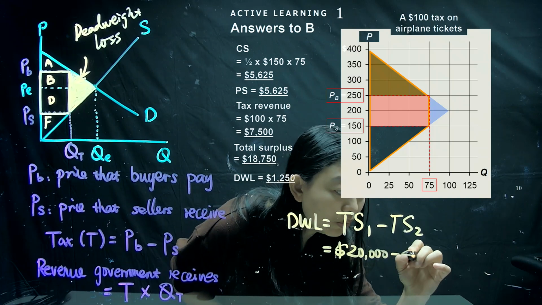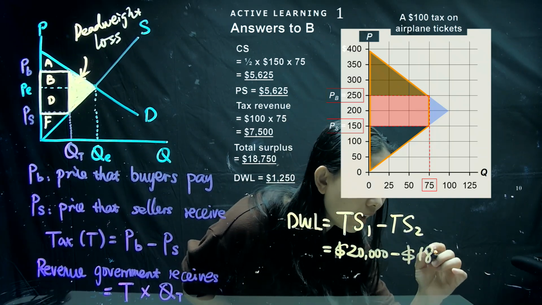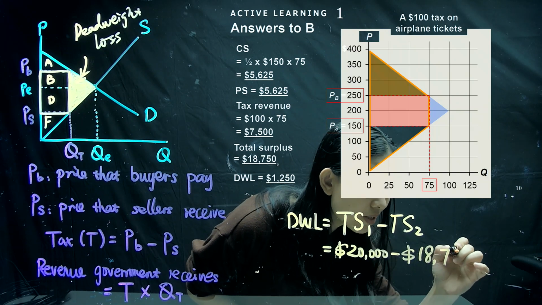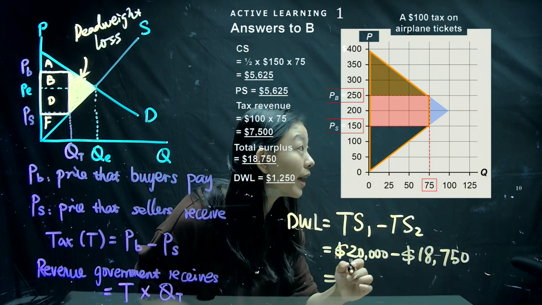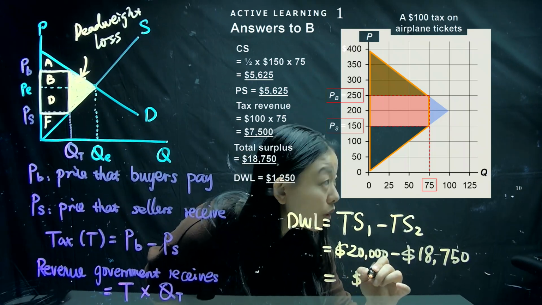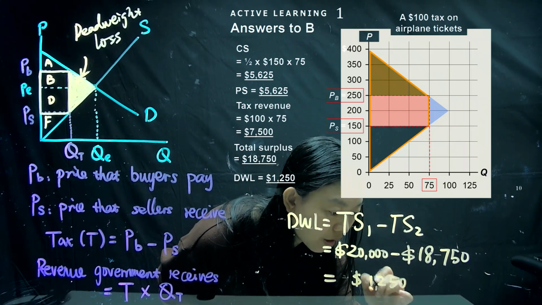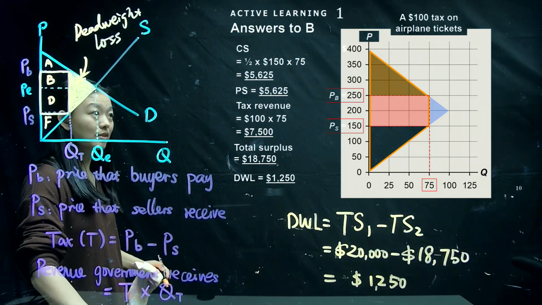Subtract the new total surplus, which equals $18,750. So finally, you can get the deadweight loss will equal $1,250. Okay, so this is the way that you can get this deadweight loss.